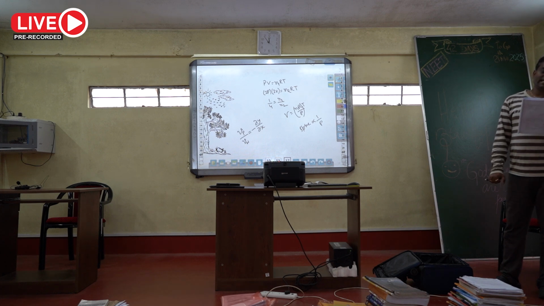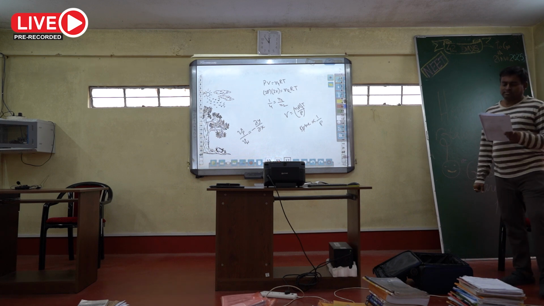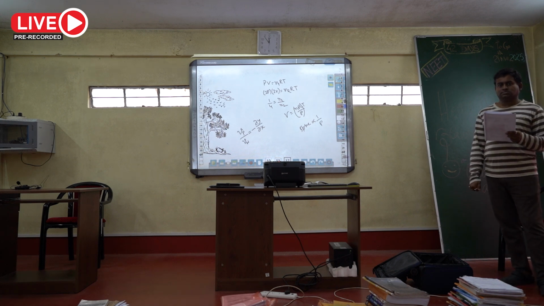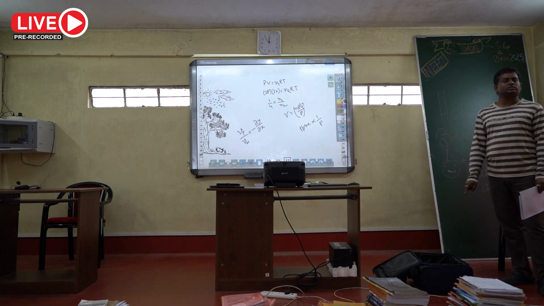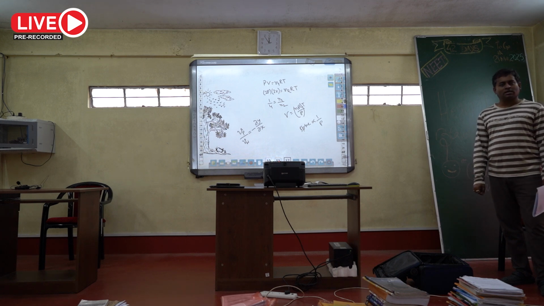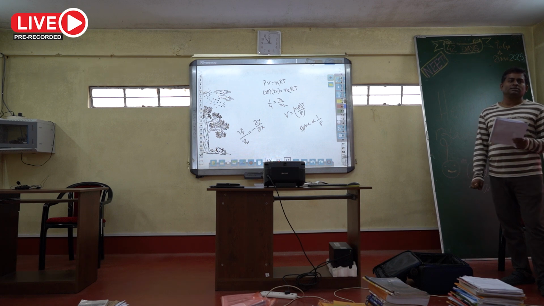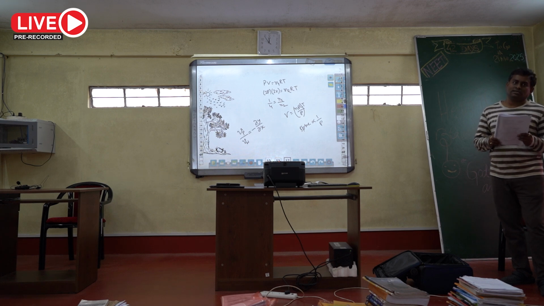Two electric bulbs A and B are rated as 60 watt and 100 watt. If they are connected in parallel to the same source, then see, P equal to V square by R. Same source means V is constant. So P is proportional to 1 by R. So more power means less resistance, and less resistance means it will draw higher current.